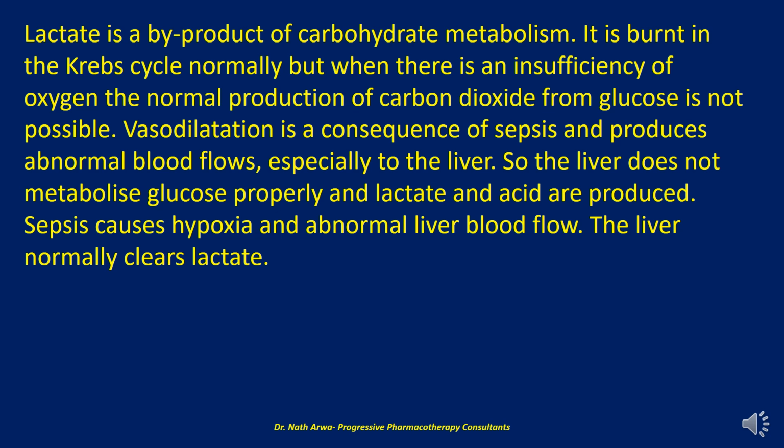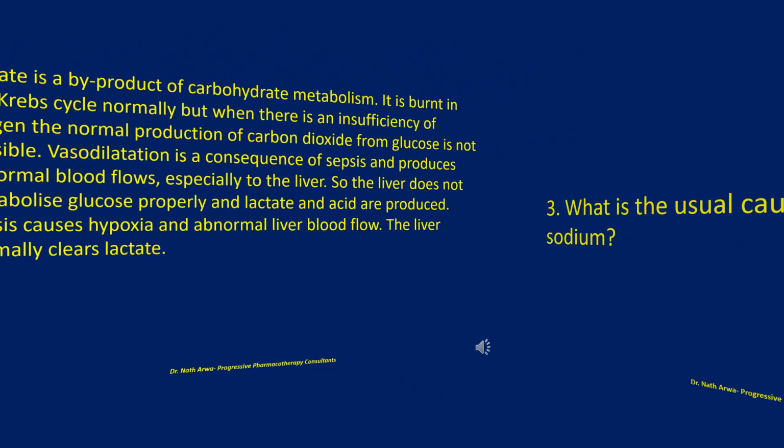Vasodilatation is a consequence of sepsis and produces abnormal blood flows, especially to the liver. So the liver does not metabolize glucose properly and lactate and acid are produced. Sepsis causes hypoxia and abnormal liver blood flow. The liver normally clears lactate.